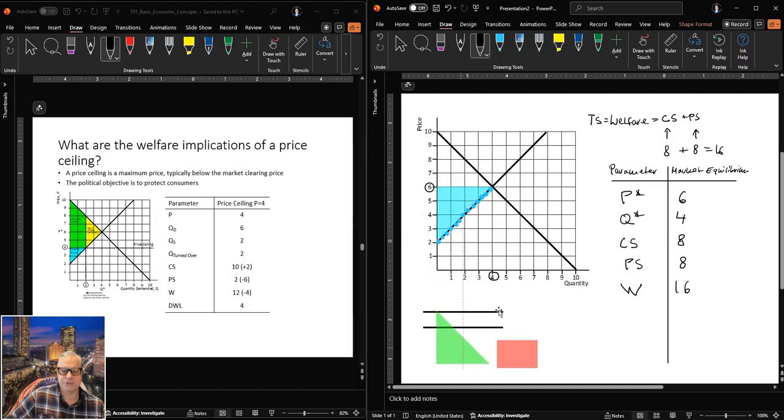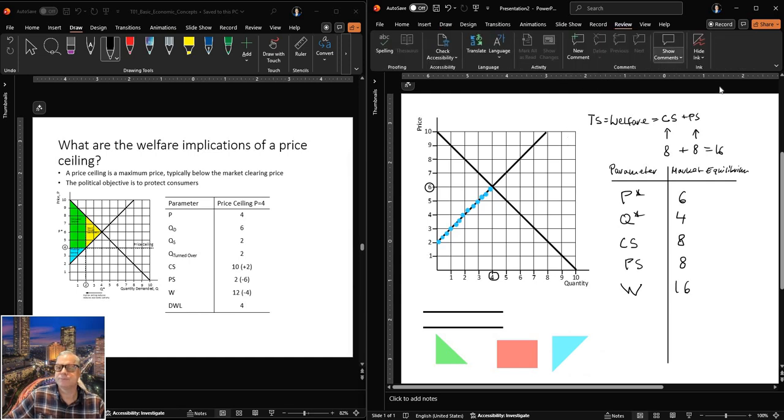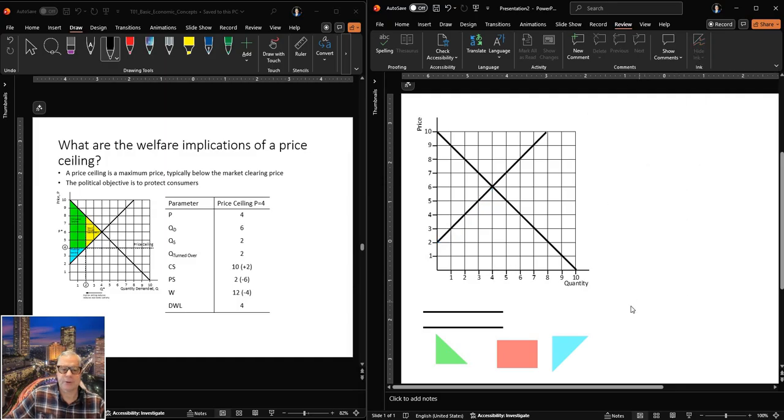So let me just remove those areas again, and let's remove the ink. Okay, so now we have a price ceiling.